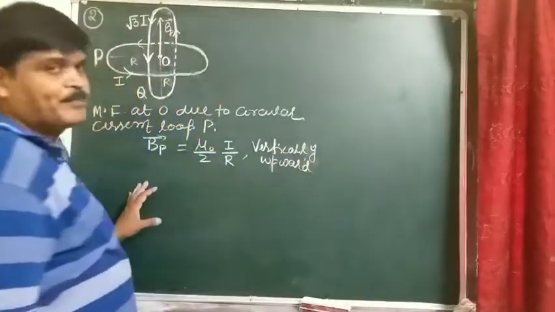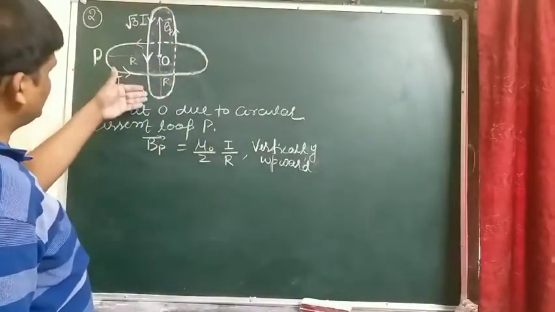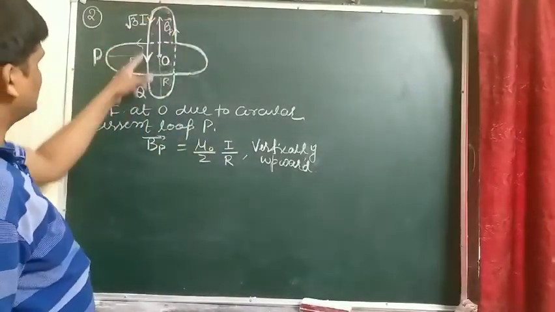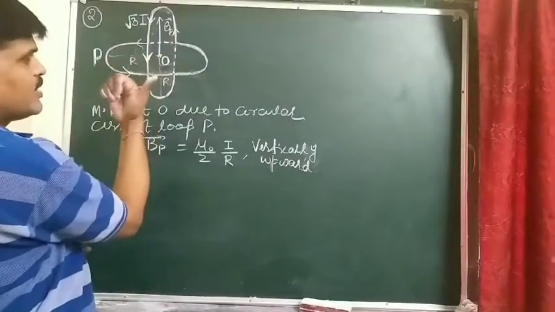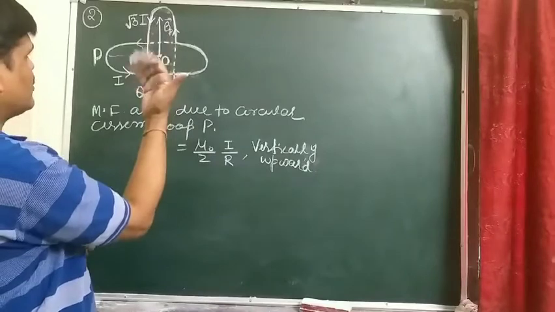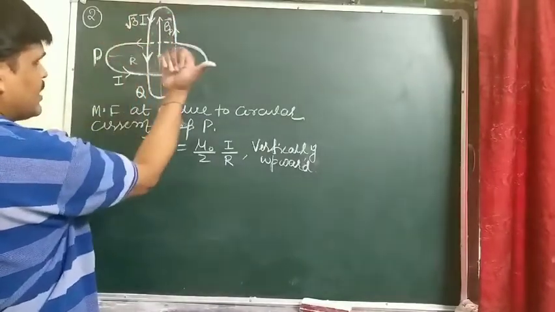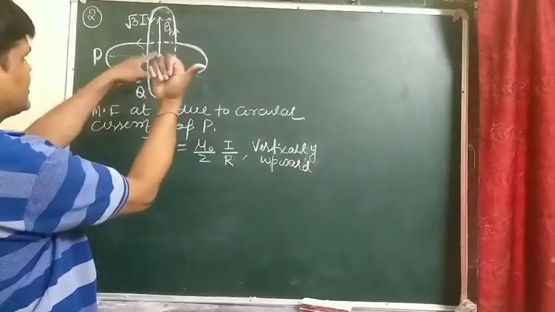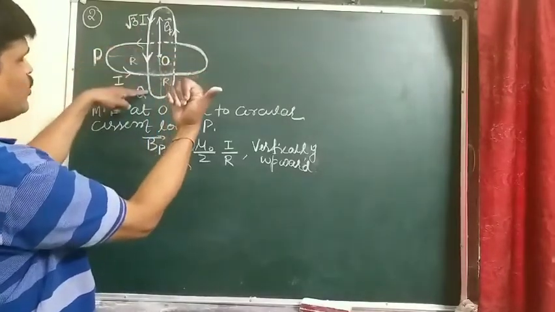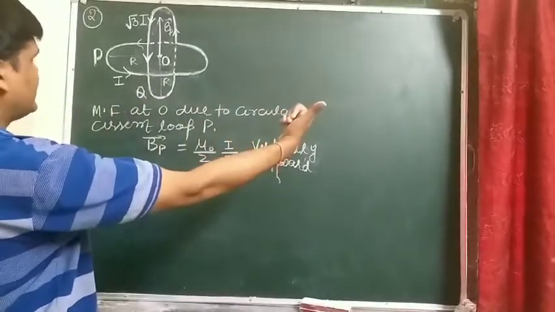In the same way, this is the front portion and this is the back portion of this circular current loop, and again we use the right hand thumb rule. Current is flowing in this direction, so the direction of the magnetic field at the center of circular current loop Q is towards the right side, that is, horizontal.